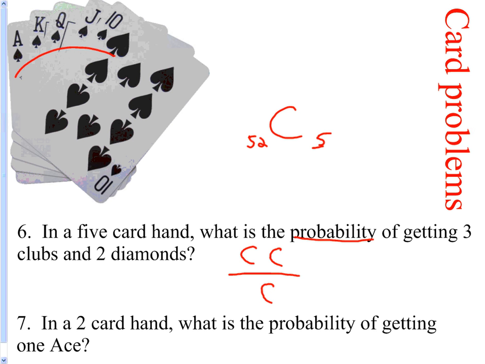Let's say Mr. Fossey, what do you got for the bottom? 52 choose 5 was all the things that were possible. Good. All right, and how about for the top? 13 choose 3. 13 choose 2.